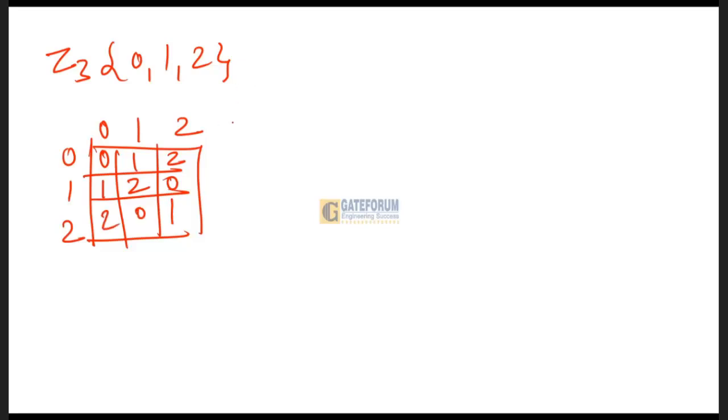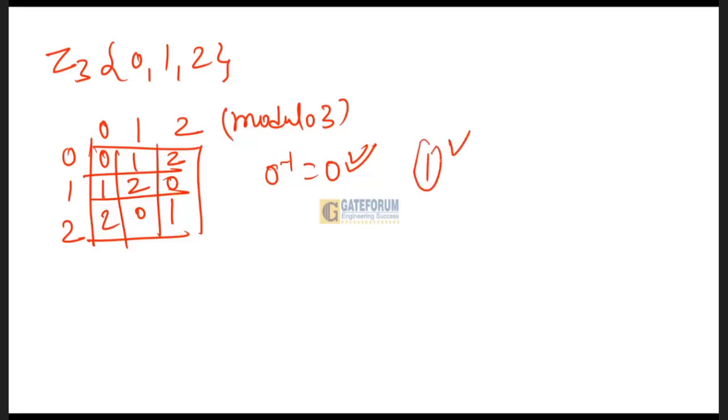Just a simple modulo 3 concept, because the remainder will be 0, 1 or 2. Here, only 0 inverse is 0, which is self inverse. The others are not like that, because in modulo 3, 1 and 2 do not follow that. So we get only one entry from here.